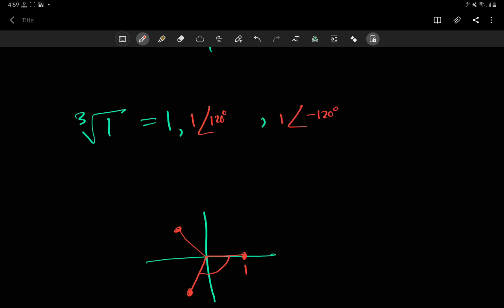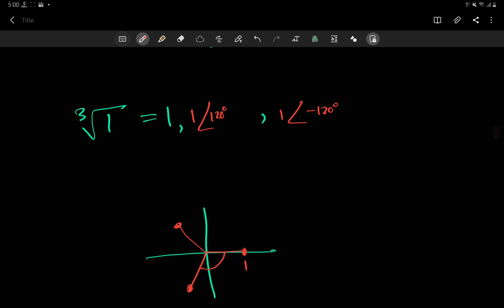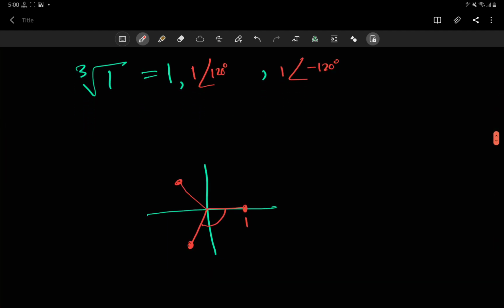You can go anti-clockwise 240 degrees, or you can go in the clockwise direction 120 degrees.